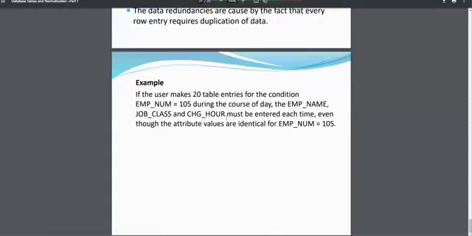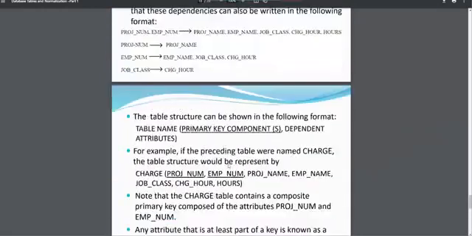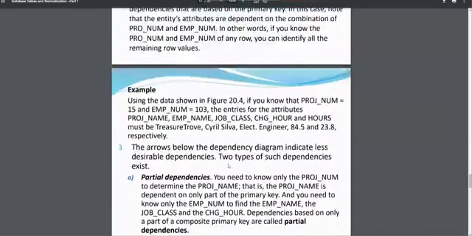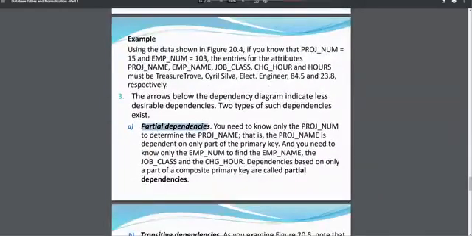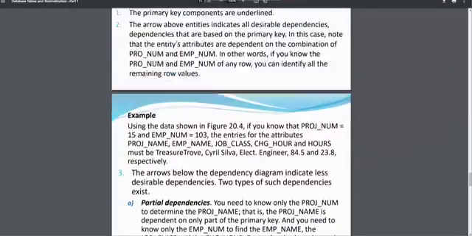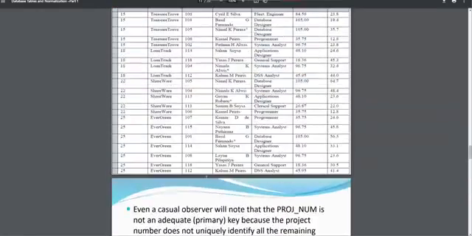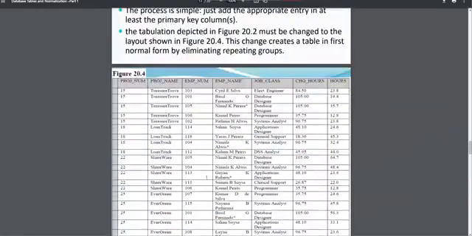So that is the story about first normal form. Mainly you should understand that in first normal form there can be partial dependencies, and there can also be transitive dependencies. What cannot be there? It should be able to uniquely identify a record using one or two or multiple fields.